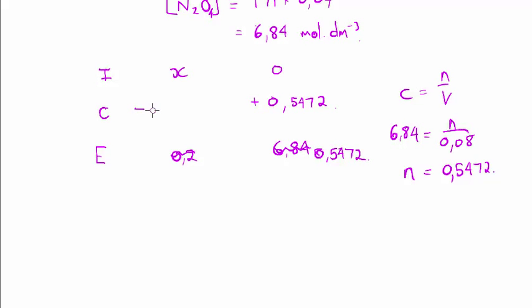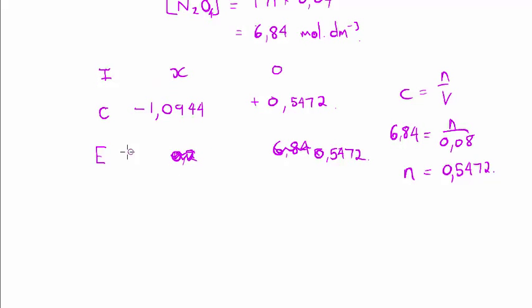Twice that. Does that make sense? So minus 1.0944. Double that. Okay?